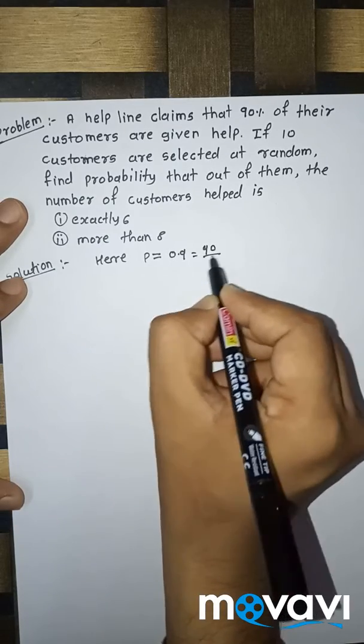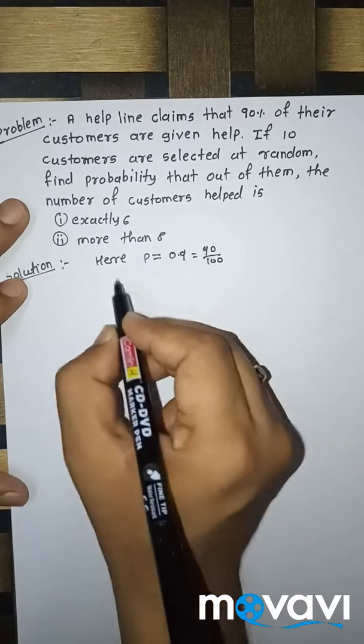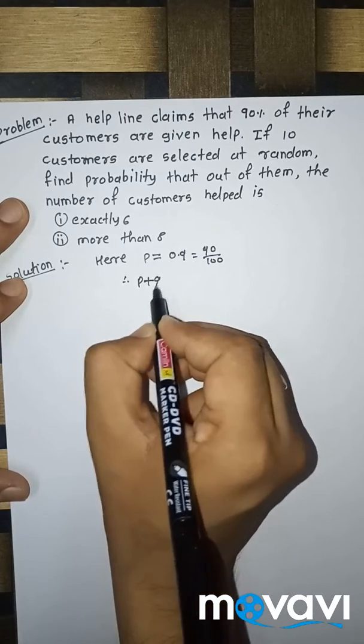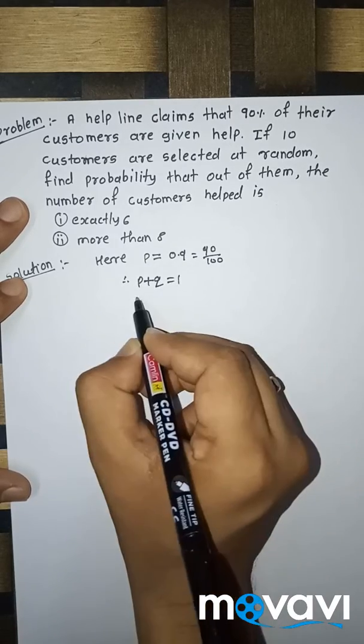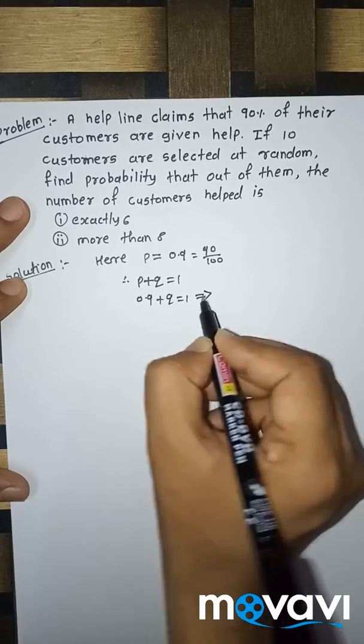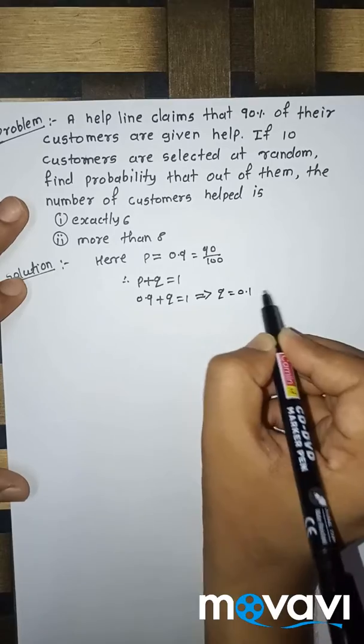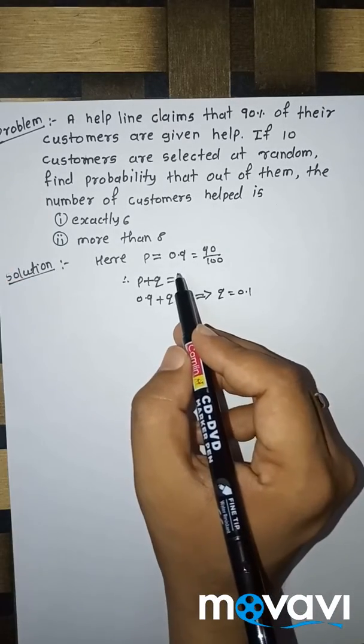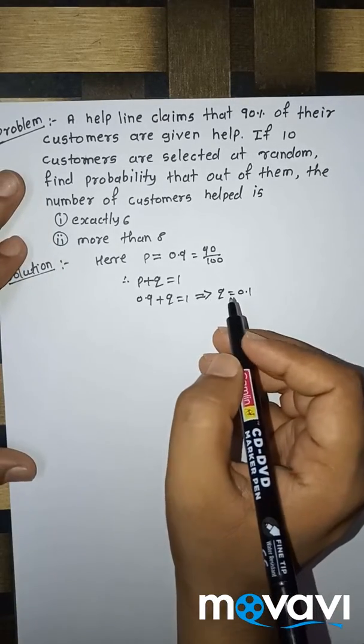This is 90 upon 100, which means 0.9. Therefore, as P plus Q is equal to 1, 0.9 plus Q is 1, hence Q is 0.1. So P is 0.9 and Q is 0.1.